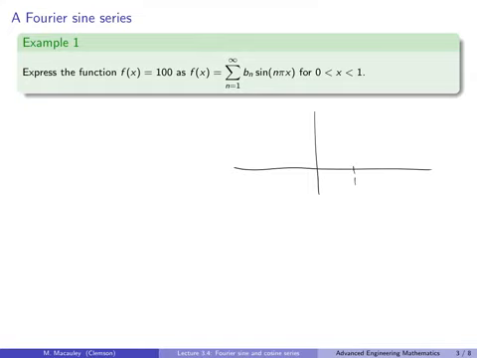So here's 1. Let me draw the function. So, well, there's the function, and if we need to express this as sine waves, this thing needs to be an odd function. So what we have to do is make this odd. Now again, it's only defined on 0 to 1.